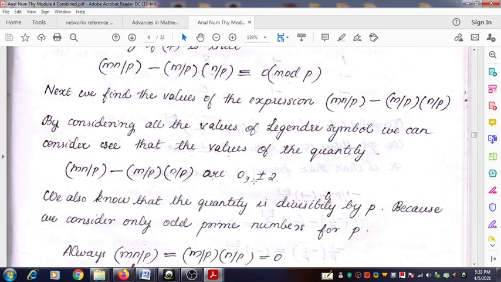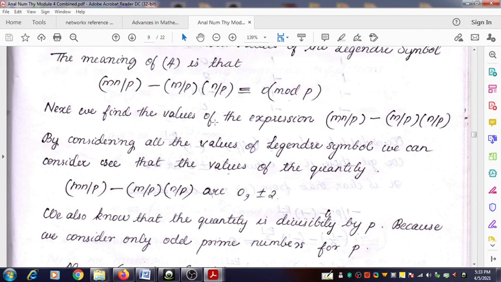Therefore you can clearly state that this quantity cannot be equal to plus 2 or minus 2, because this statement says that p must divide the final value of the quantity (mn/p) minus (m/p)(n/p).